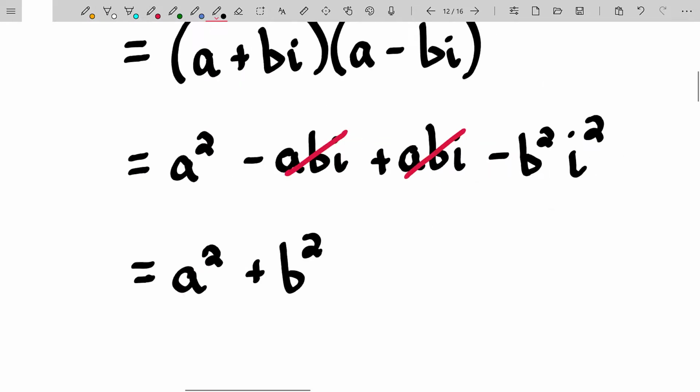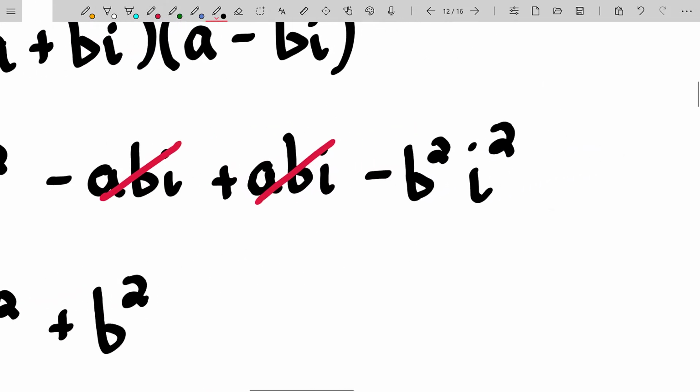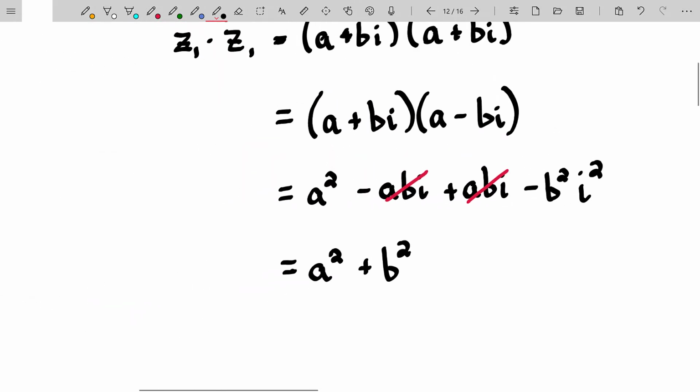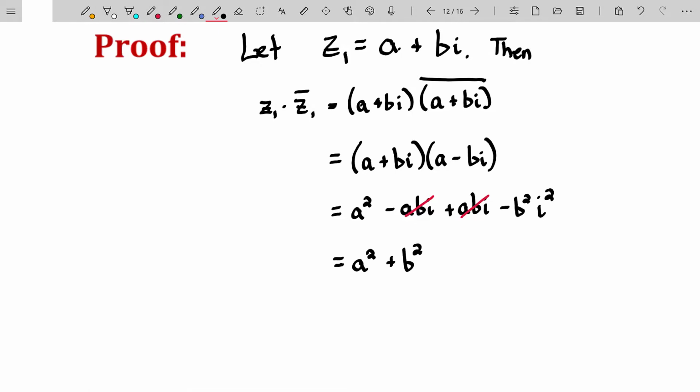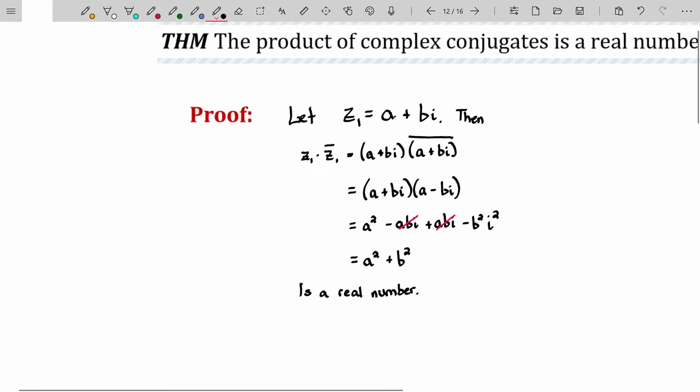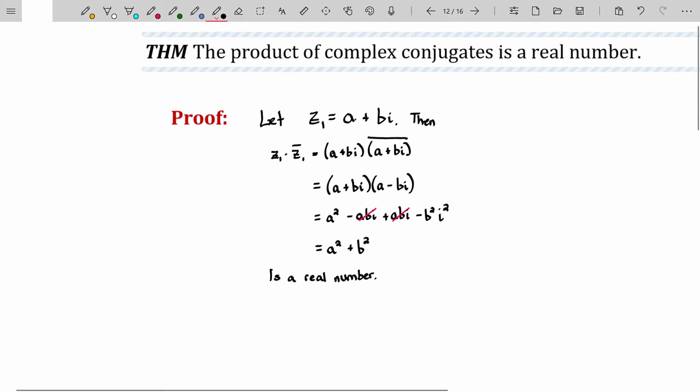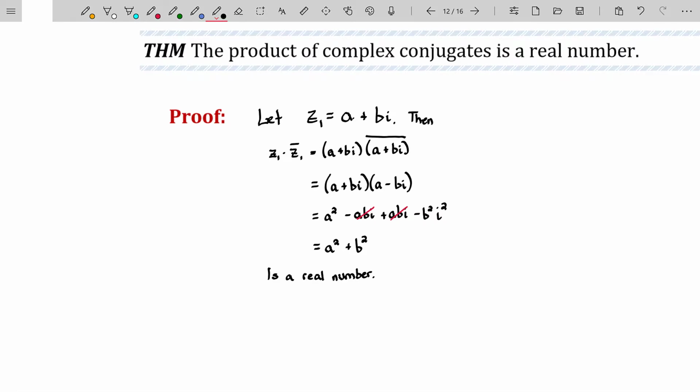Again, remember, i squared is negative 1, so that's negative 1 times a negative b squared, so that's a squared plus b squared. And by the way, that is a real number. And that's the proof that the product of complex conjugates is just a real number. So QED, quod erat demonstrandum. So it has been proven.